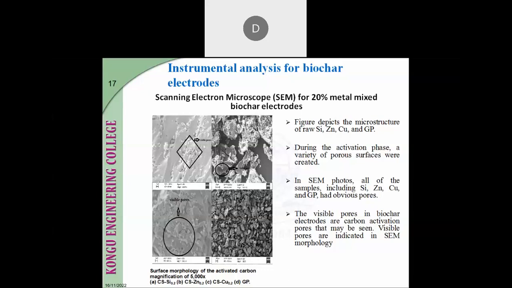Of course, the outer surface of the samples had a significant porosity. We know that the outer surface of the CS sample normally has porosity. In the SEM photos, for all the samples, which include silica, zinc, copper, and also graphene, including all these metals, there will be obvious pores.